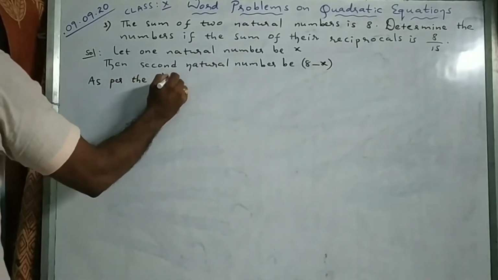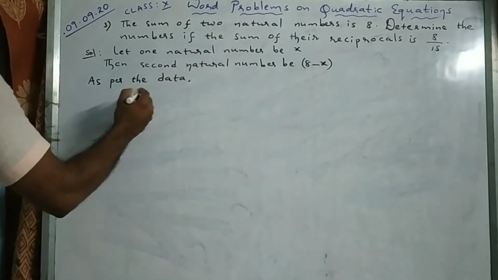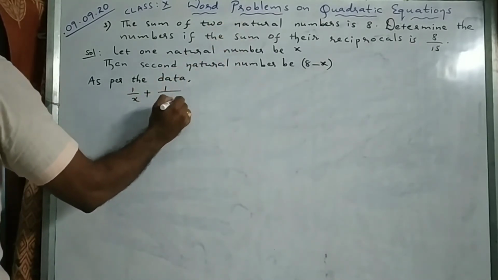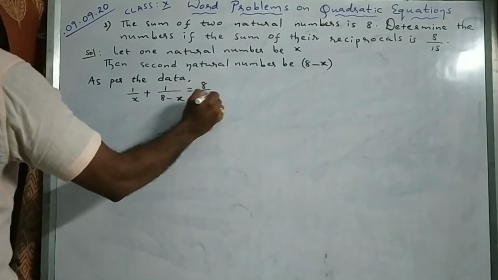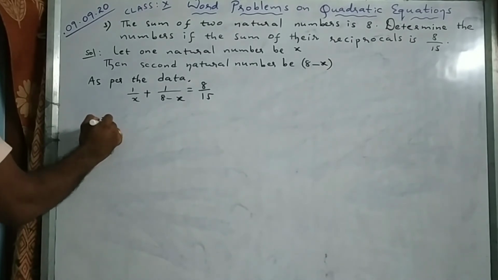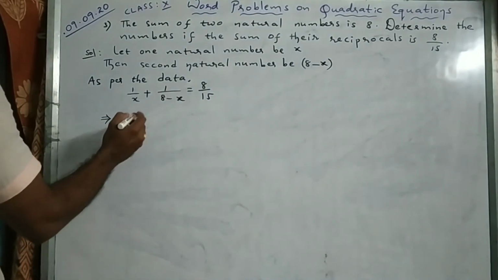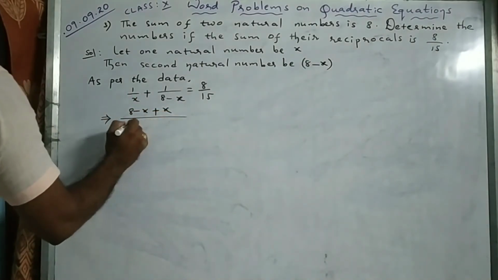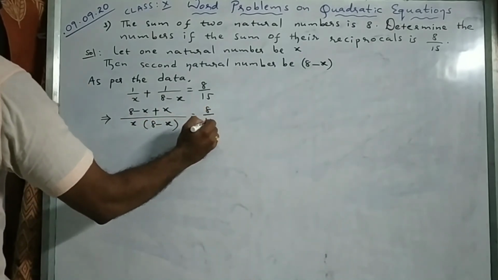As per the data, what is the condition now? Sum of their reciprocals, that means 1 by x plus 1 by 8 minus x equal to 8 by 15. Same as the previous problem. So take LCM: 8 minus x plus x upon x into 8 minus x equal to 8 by 15.